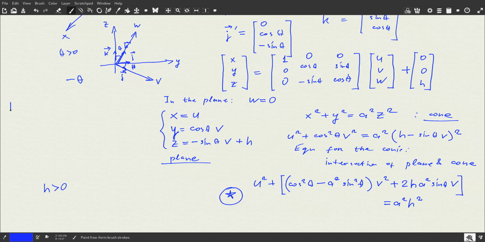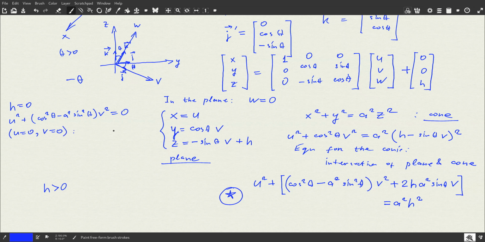Okay, suppose that first h equals 0. So what happens then? Then we have u squared plus (cosine squared theta minus a squared sine squared theta) v squared, and this term proportional to h is equal to 0, the right-hand side is equal to 0 as well, equals 0, which only means that we have one point, u equals 0, v equals 0.